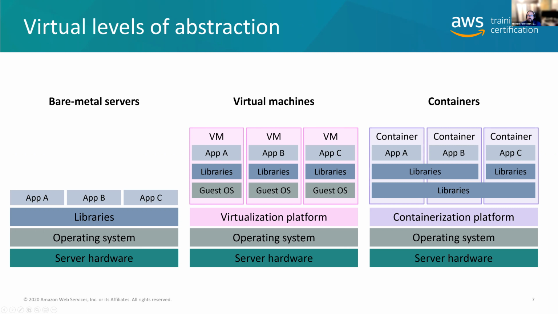And the whole reason this is considered attractive is that we're not duplicating this. See this guest operating system? We're not duplicating that. That is the bulk of the size of a virtual machine. All we're doing is duplicating this and any libraries that we need. That's it. So containers are super tiny, super fast, super small, and so they lend themselves really well to horizontal scaling, which is what we were just looking at.